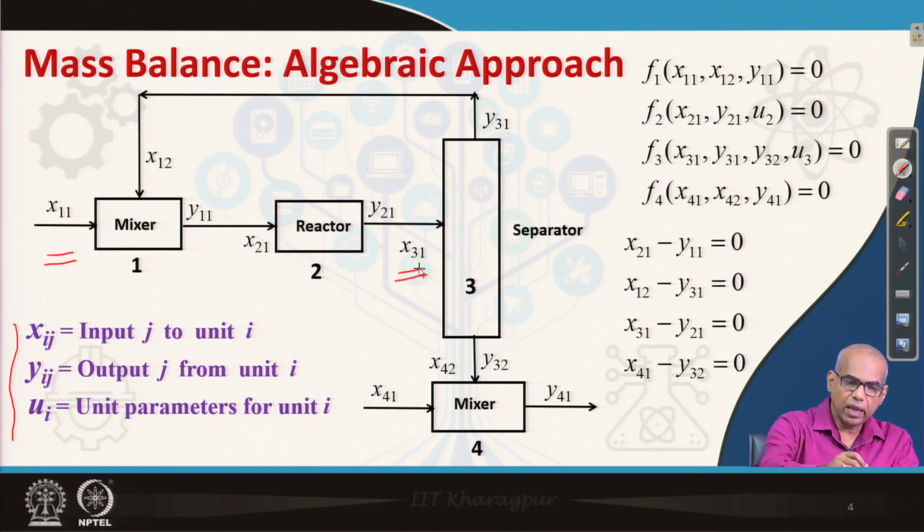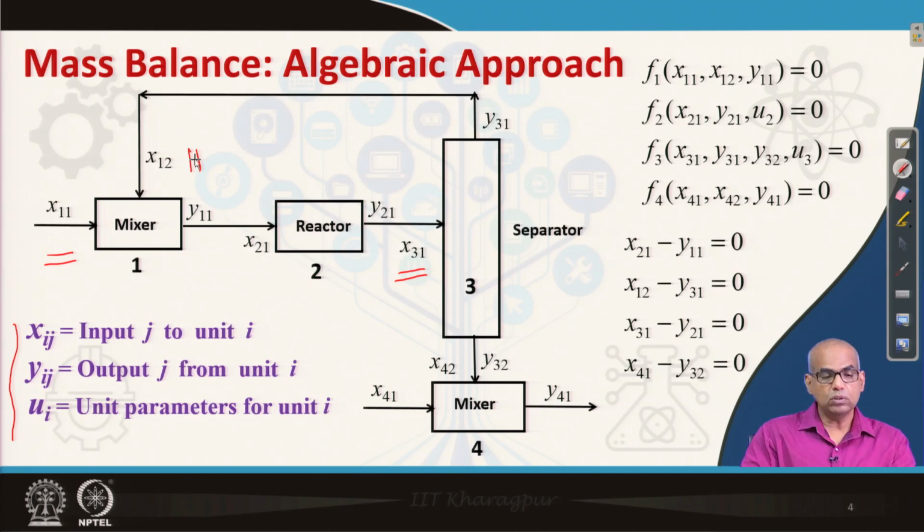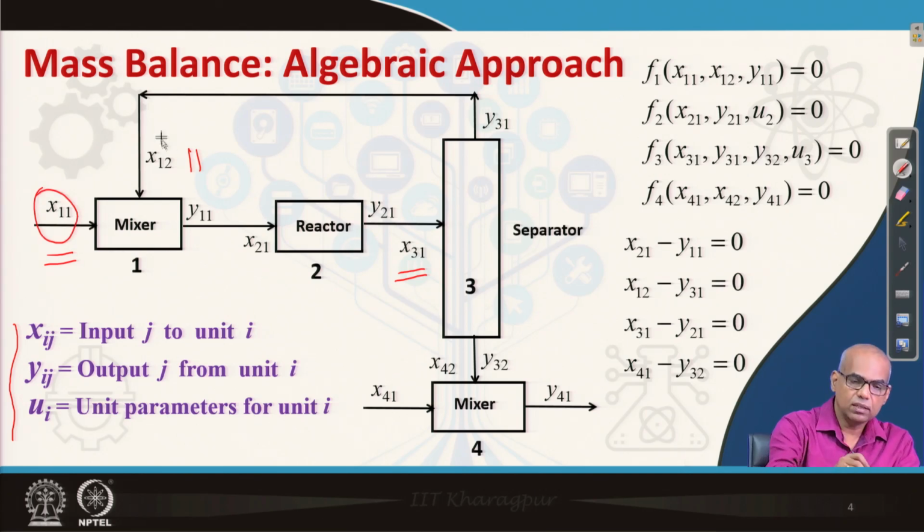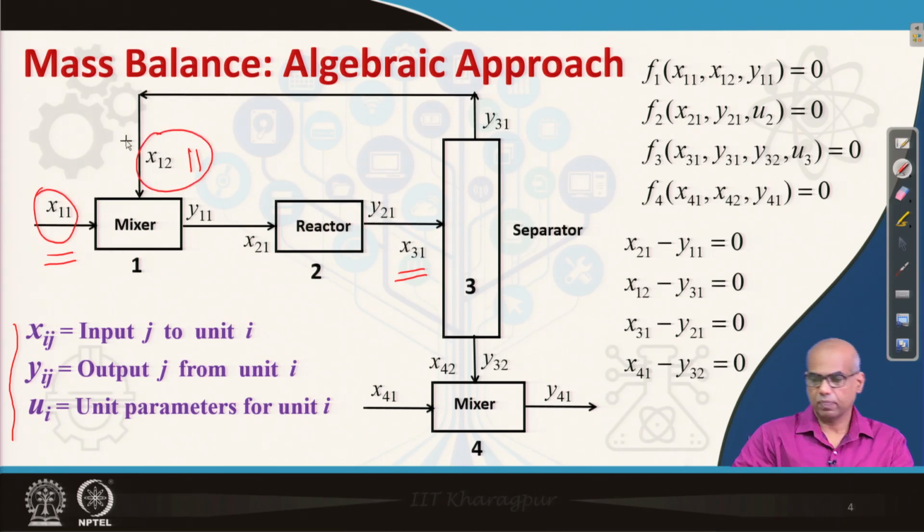Similarly, X12 will be input 2 to unit 1. Note that there is one input here, and there is another input here. Similarly, Yij represents output j from unit i.